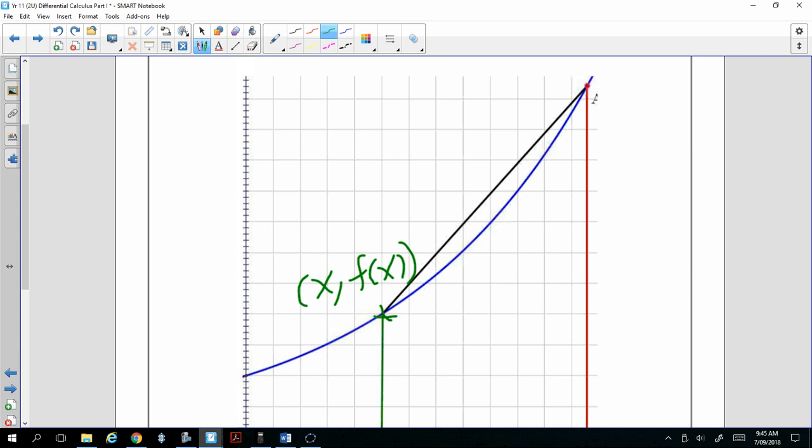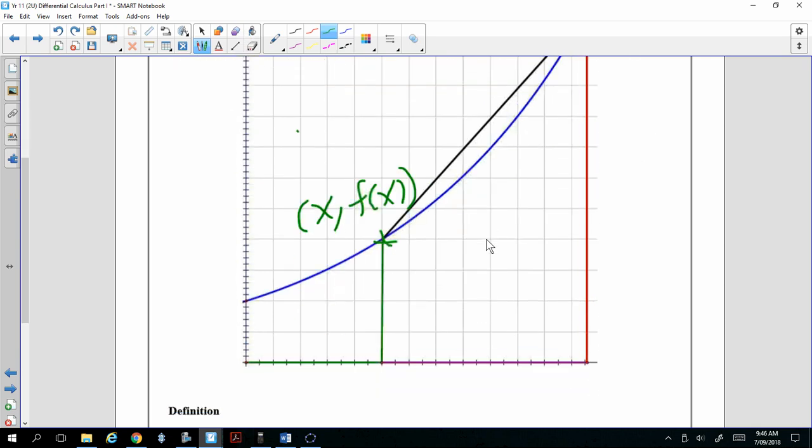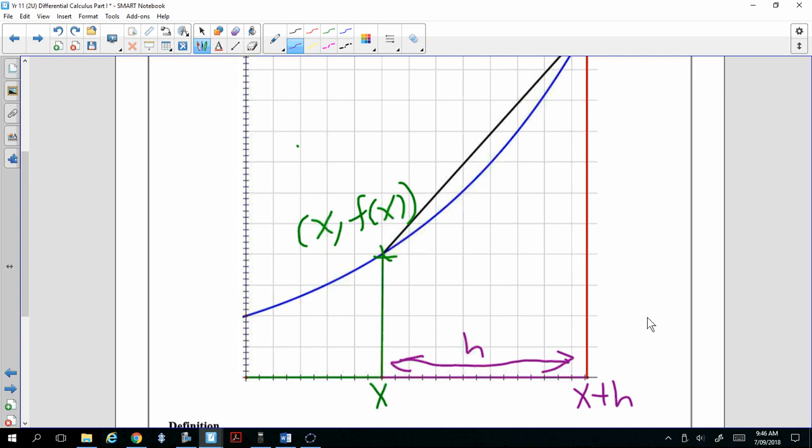This point is h steps from before, so that's x. Therefore this point will be x plus h, right? So you write x plus h as the x value. The y value is f of x plus h.